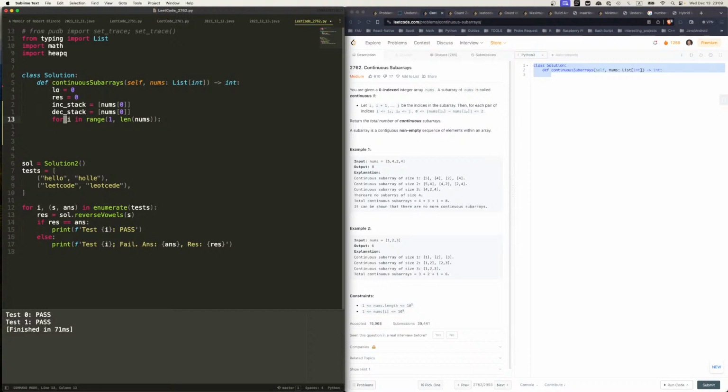Oh, hold on a second, that is not right. What we need is an index. We need the index as well. We need this. That's not right.